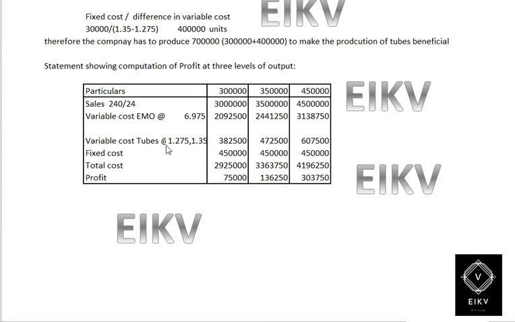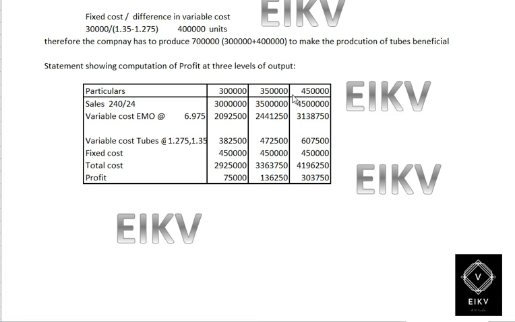Then we have variable cost. Variable cost is 1.275, and 1.35 when it is purchased from outside. Therefore, for 3 lakh units, it is better to manufacture inside, so 3,82,500 at the manufacturing rate will give you 2,82,000.